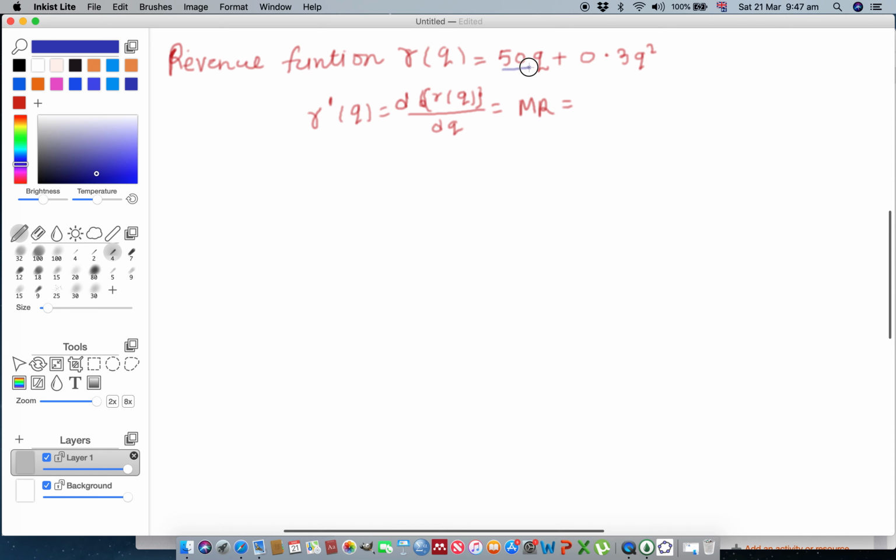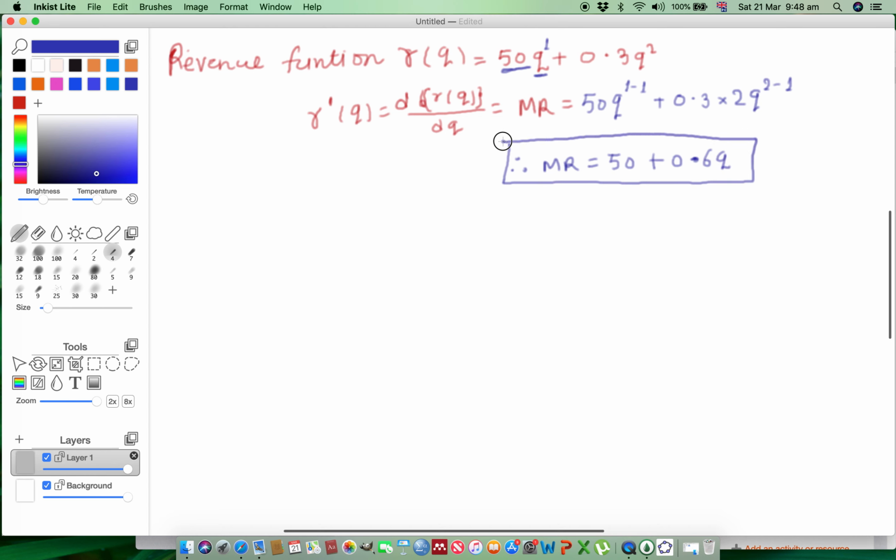For 50q, the power of q is 1 here, so 50 into 1 is 50, and q to the power 1 minus 1, plus 0.3 into power 2 into q to the power 2 minus 1. Therefore marginal revenue is equal to 50, q power 0 is 1, plus 0.6q. This is the marginal revenue.